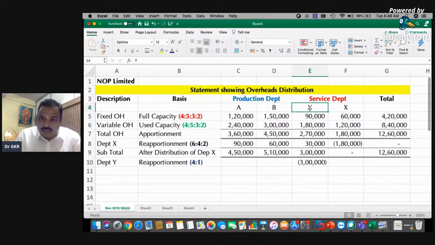I think this is X because the ratio is 4:5:2. I have distributed like this is X and this is Y. I think I made a small mistake. So X only I have to distribute first.